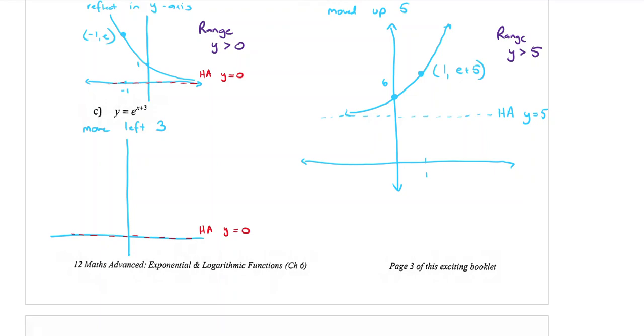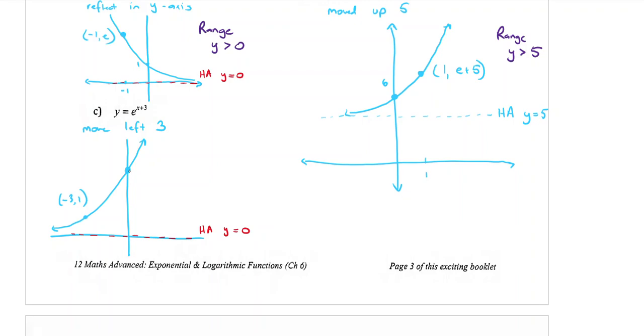If I've moved my graph to the left, the intercept that is normally here at 1 will now be over here at -3, 1. So let's put that here, -3, 1. And my graph is going to come up, but I should also find out what that intercept is.